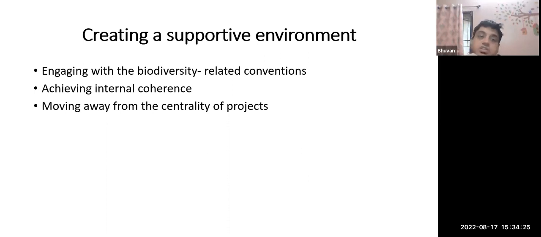Next, we have achieving the internal coherence. There are multiple agencies working on the ground, and there must be internal coherence between all these agencies. They must be aiming towards a common cause, and there should be internal coordination between these agencies. So that is part and parcel of creating a supportive environment. Then we have moving away from the centrality of the projects. As I told you, ecosystems are always in a changing scenario.